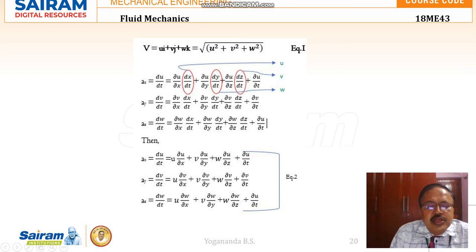Similarly for acceleration in the y direction, dv by dt, and then acceleration in the z direction, dw by dt. So we have the set of three equations here, equation 2, accelerations in x, y and z directions.